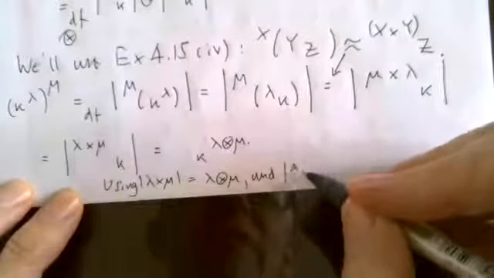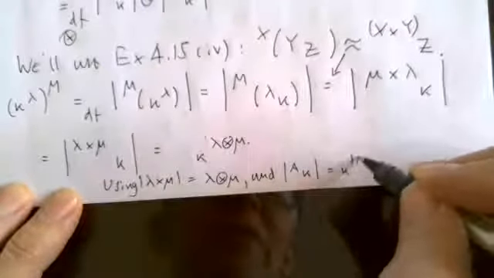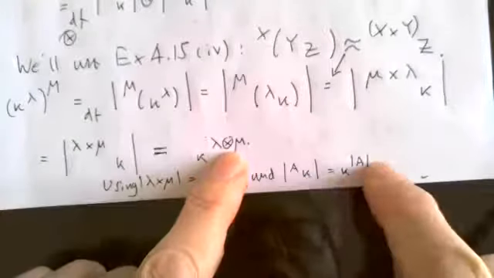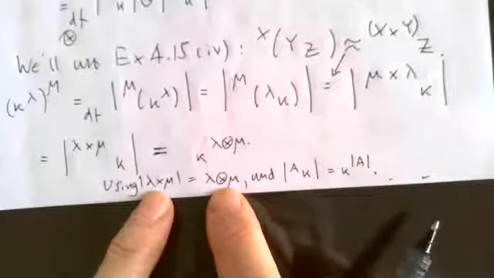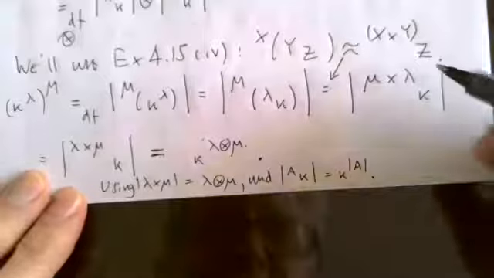Using this, and the fact that the cardinality of the set of functions from A to kappa is kappa to the size of A. So A here is lambda times mu, the Cartesian product, and it has this cardinality. So that finishes part two.